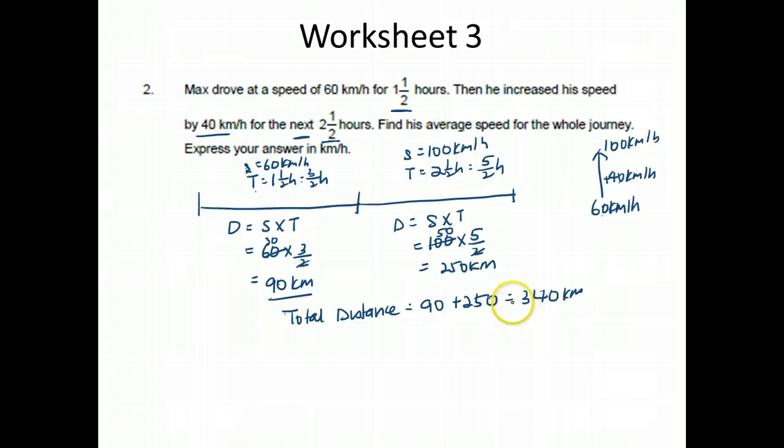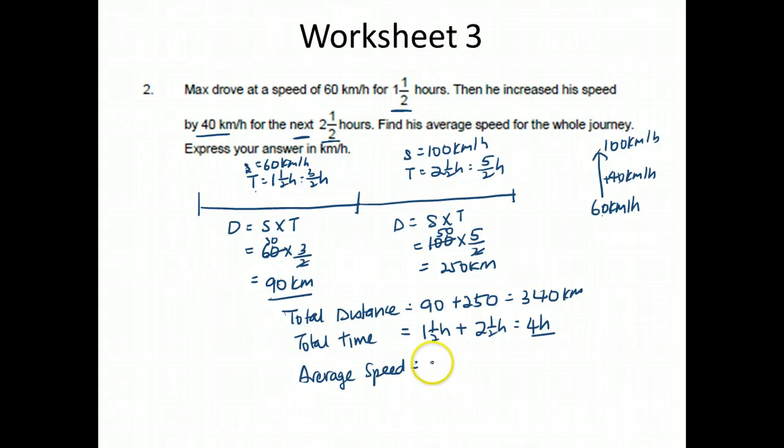And my total time is 1.5 hour plus 2.5 hour, which is 4 hour. Or I take 3 out of 2 plus 5 half, which is 8 half, which is also 4 hours. So my average speed is distance 340 divided by time, 4 hour. So 340 divided by 4 would be 85 kilometer per hour.